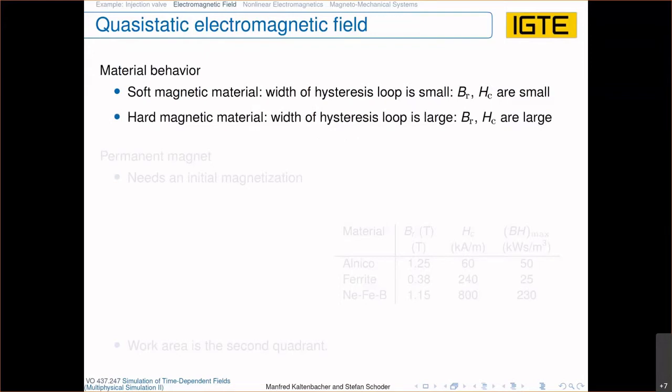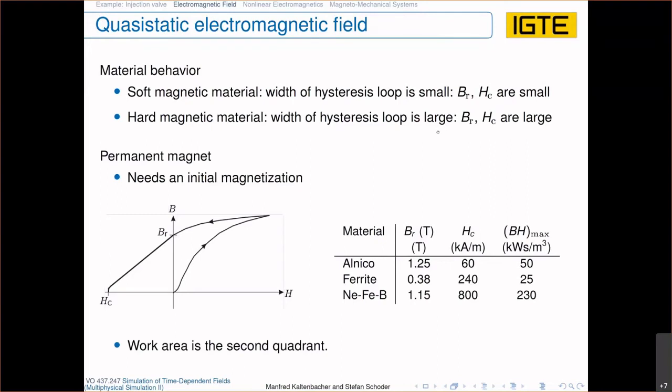On the other hand, what we also need to consider are hard magnetic materials. These are the so-called permanent magnets, and for those you clearly want a large remanent magnetic flux density and a large coercive field intensity, so that you can store a lot of energy in such a permanent magnet, which you then use for exciting your system.